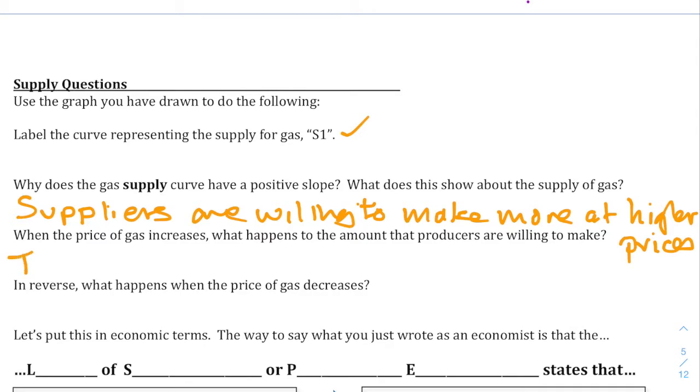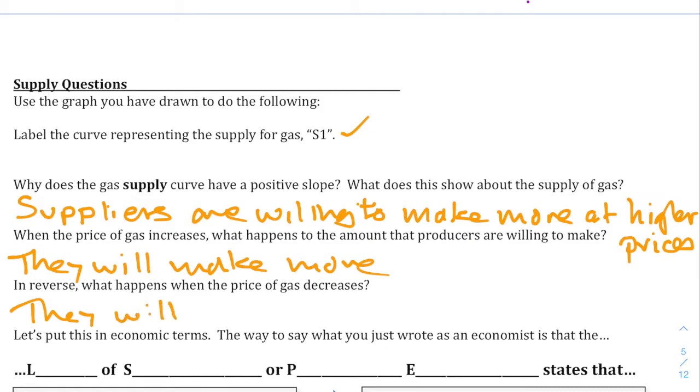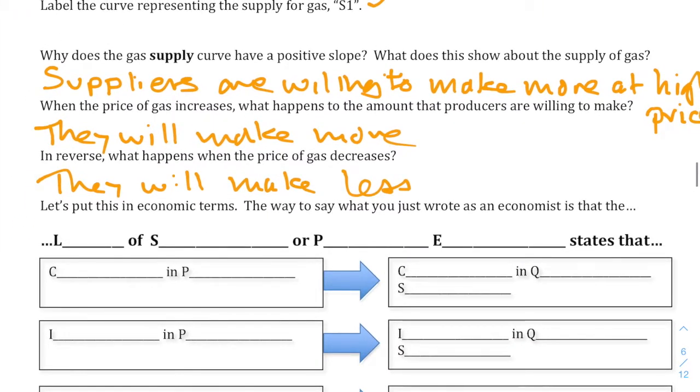They will make more. And if the price goes down, they will make less. Good. Okay.